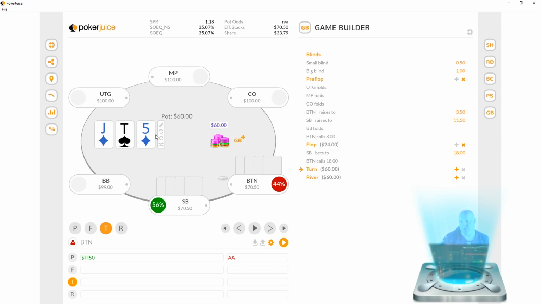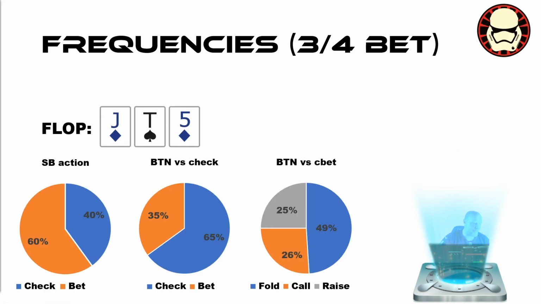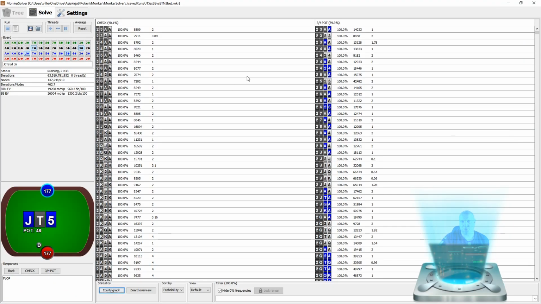Or if he has a flush draw, he's going to call the turn, but he might fold the river. We miss value. So pay attention to stack to pot ratio, especially out of position. You don't want to play rivers out of position. So if with a slightly bigger sizing, you can create a situation where you can shove the turn, I would go for the bigger sizing. So let's see about this 3/4 sizing.